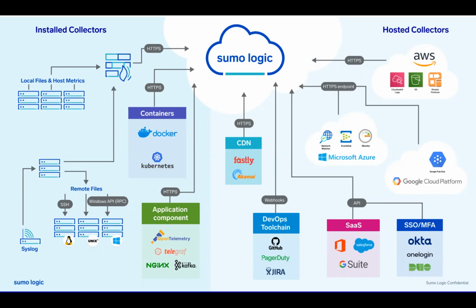There are 50-plus integrations specifically defined for your security solutions as well. You can also integrate with G Suite, Office 365, Salesforce, and everywhere else. Now, before I go on to talking about where all we can collect and how we can collect.